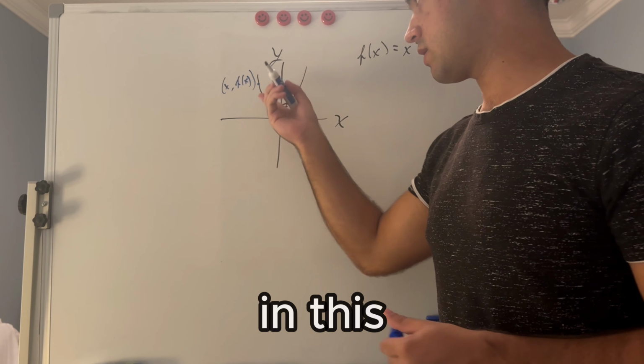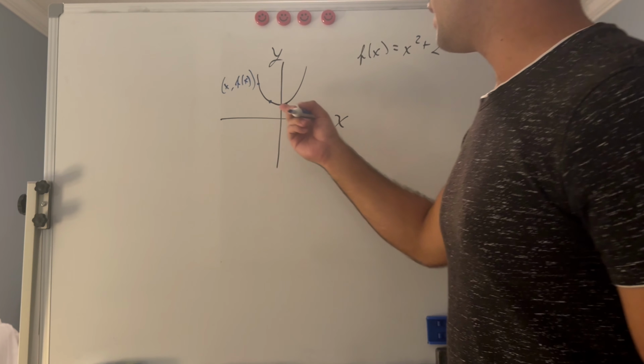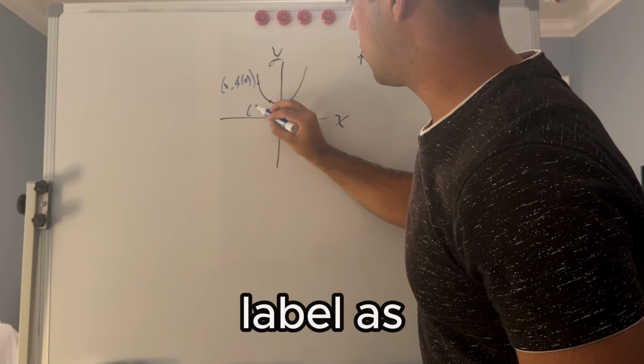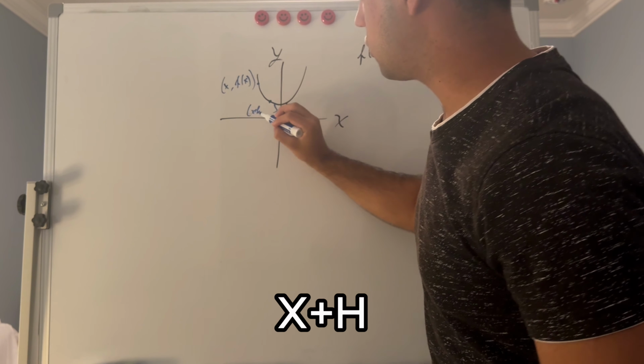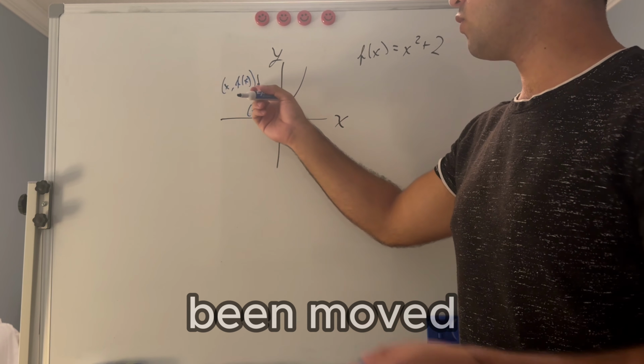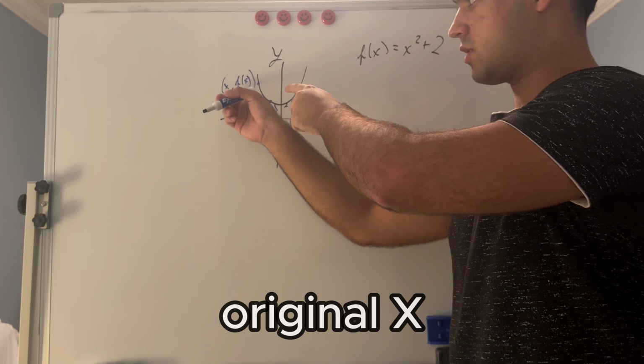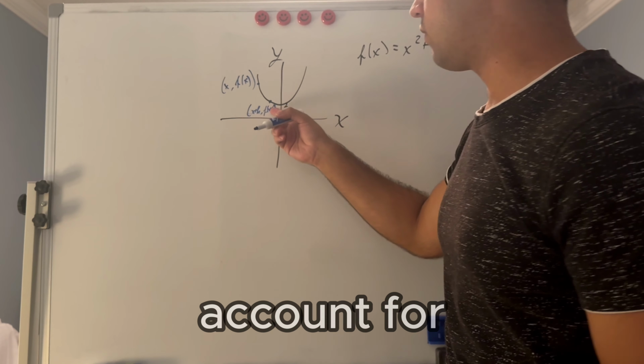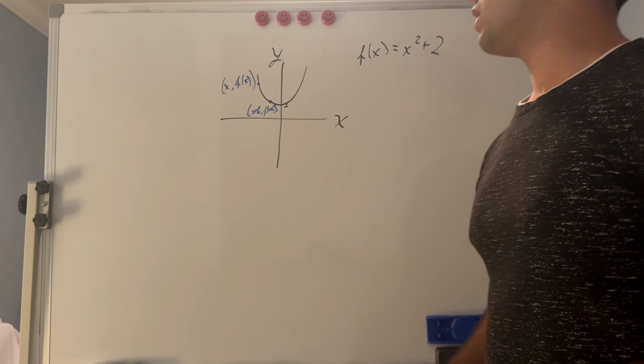Y or f of x, in this case I'll use f of x. And then this point here we'll label as x plus h, because that's been moved h amount from the original x, and then f of x plus h to account for the difference as well.